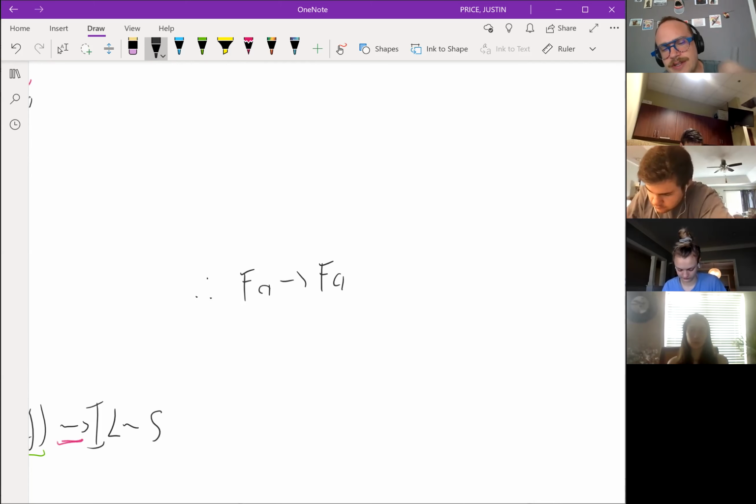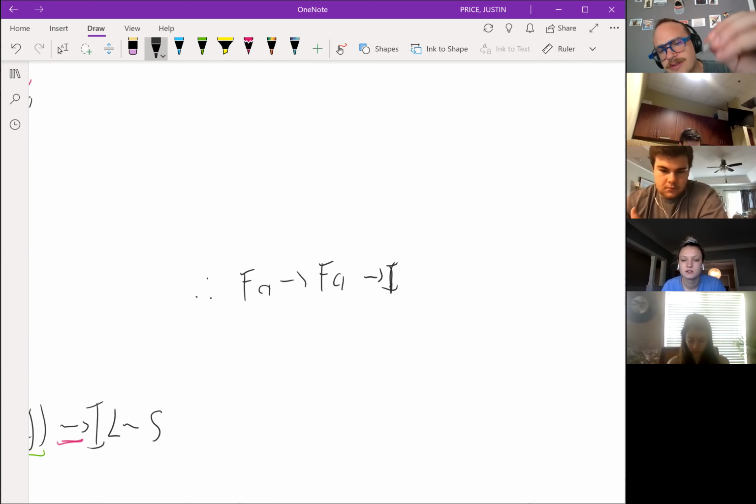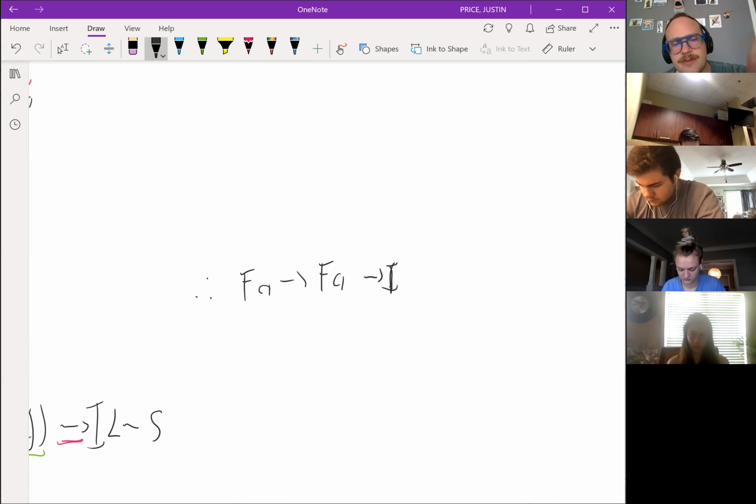So the question is, what assumption am I going to make? That question means what assumption rule am I going to use? And the assumption rule here is arrow introduction. If it's arrow introduction, what does the assumption have to be?